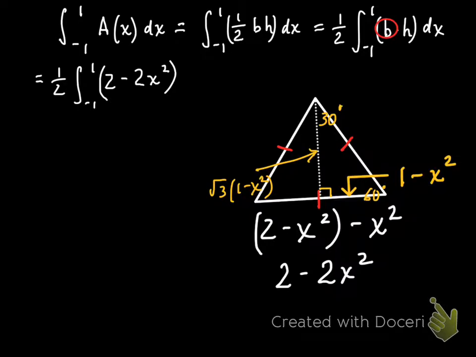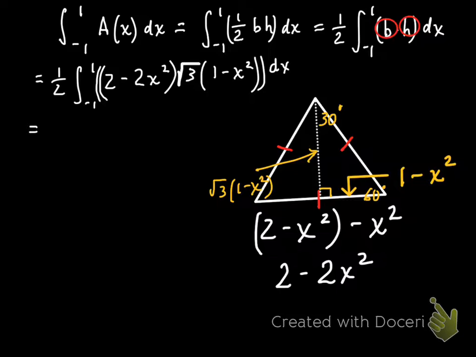And the height, ugly as sin I realize, is root 3 times 1 minus x squared.